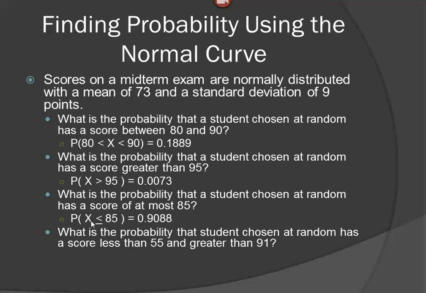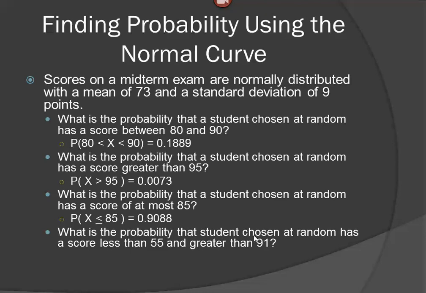That's because the probability that a randomly chosen score would actually equal exactly 85, no decimals, on a continuous scale, is near zero. The probability of any one score is near zero. So putting the equals there or not having it there does not make a difference in your probability at all.